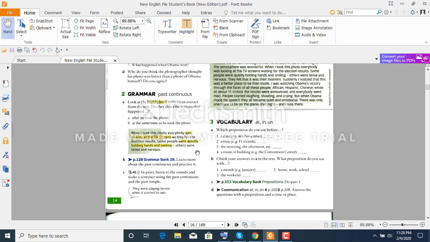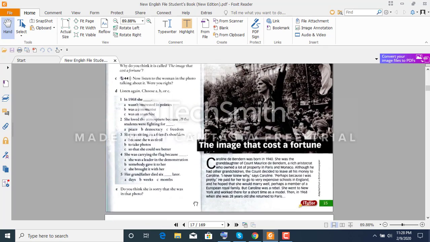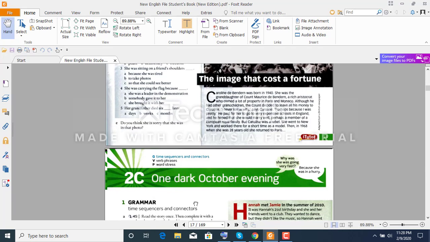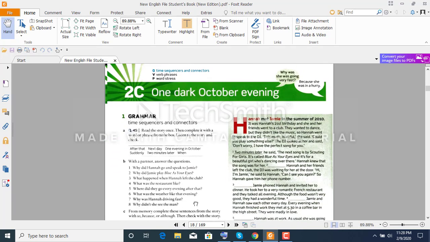I'm sorry? Page 16? Okay. One dark October evening.